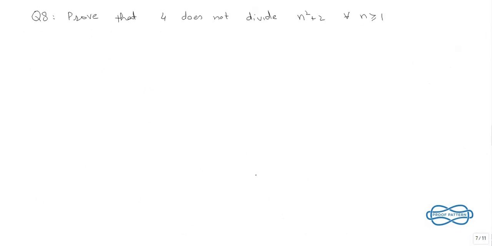Okay. The next question is question 8, and the statement is: prove that 4 does not divide n squared plus 2 for all n greater than or equal to 1. We divide the proof into two parts, n even and n odd. We have made two cases.